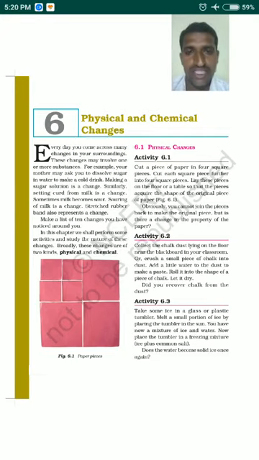Firstly, activity number 6.1. Let's understand, it's very simple. Cut a piece of paper into 4 square pieces. Take any square piece of paper and cut it into 4 pieces. Again, cut each piece into further 4 square pieces.